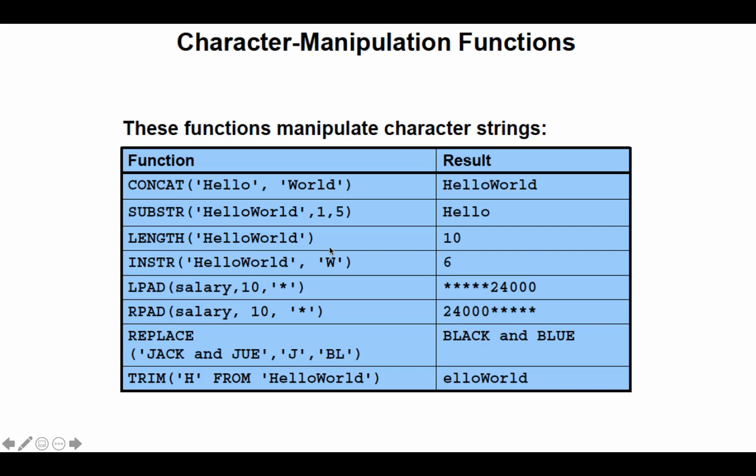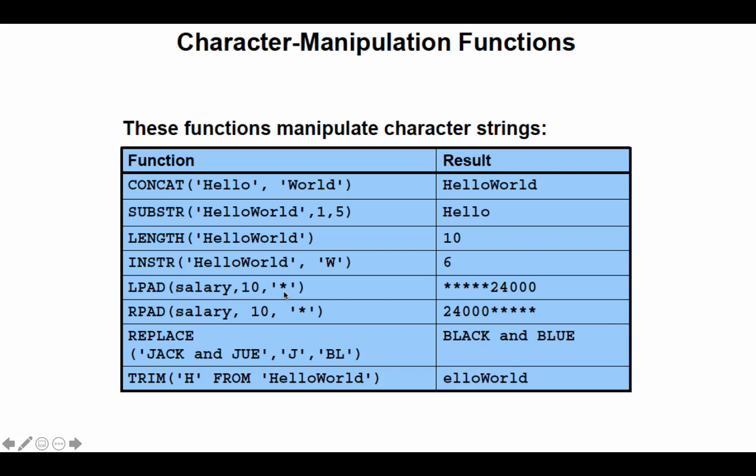Length will give me the length of the string between two quotes. Instr will show me what's the index of this string in this string, and in this case it is going to be 6 because again, I'm counting from 1.